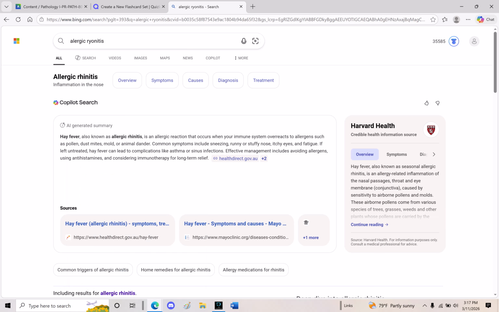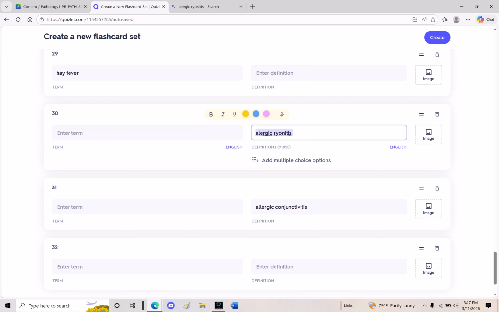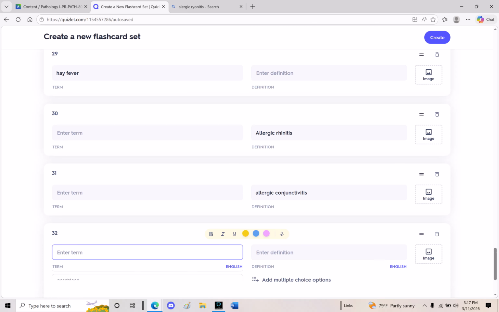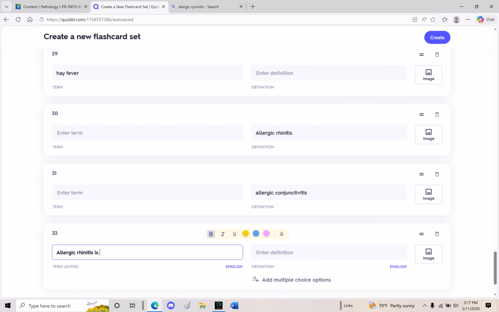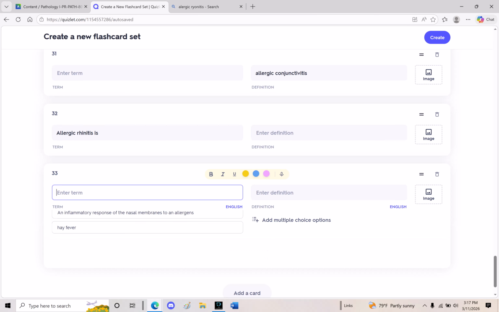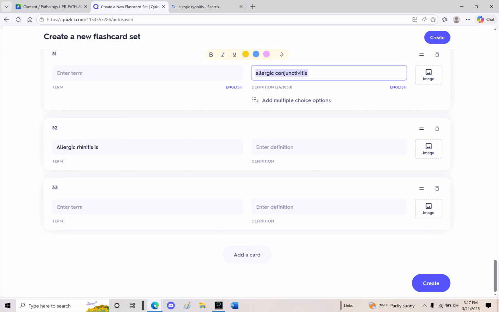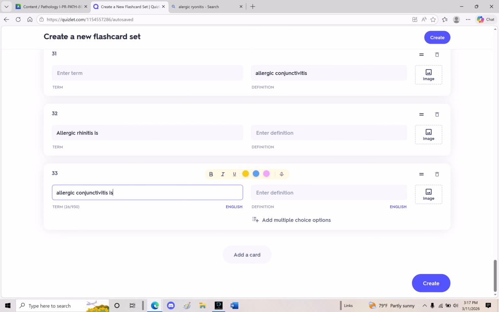Rhino is the root word for nose. So allergic rhinitis is allergic inflammation, because of the suffix itis, of the nose. And in allergic conjunctivitis, you're getting allergic inflammation, again itis, of the conjunctiva, which is a part of the eye. So hay fever is just a way to say that my nose got runny and my eyes got watery.